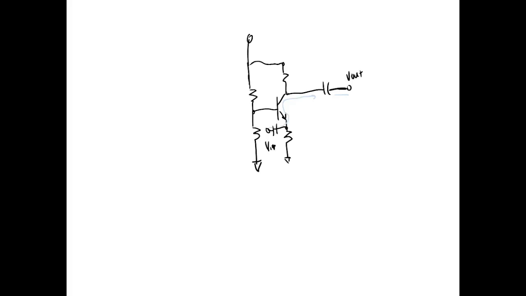A common base has very, very low input impedance, and then we run it to a pretty high collector resistor, so it has a real high output impedance. So we can get voltage gain out of a common base, but we can't get current gain. Does that make sense? In fact, the current gain is less than 1 because this has got to support this guy right here too, right?